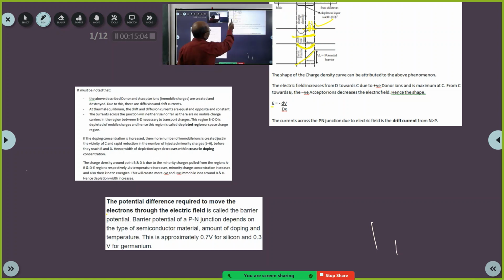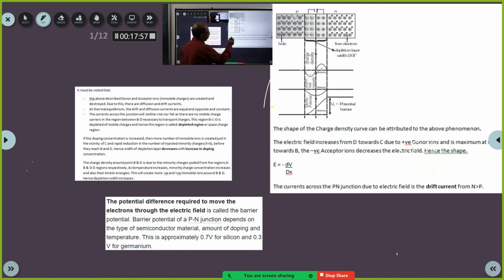Can you correlate these two? My question to you is, how will you relate these two graphs? Anyway, in the diagram it is not clear, but supposing I had given you only the graph of the electric field, and I had asked you to get the graph of the potential, how would you have done that? That's my question.